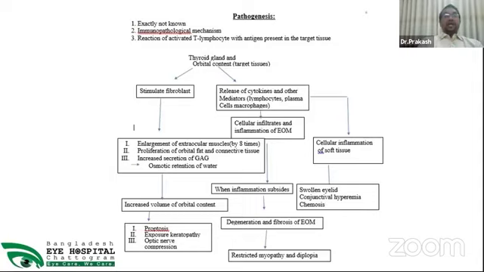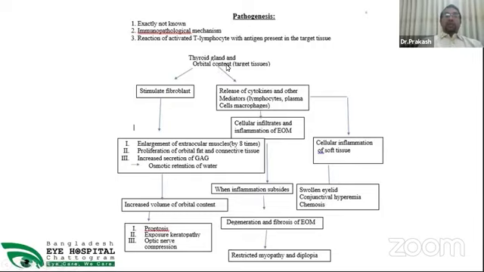There is a reaction between the activated T lymphocytes and the antigens present in the target tissue. The target tissues are the thyroid gland and the orbital contents. Our concern is the orbital contents.